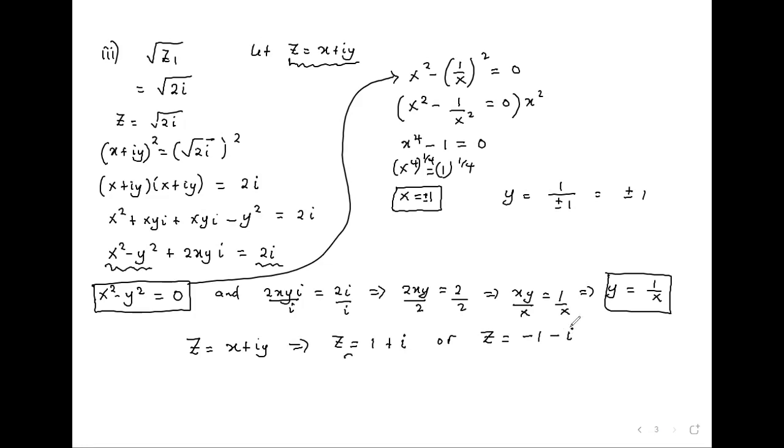So these will be the two values of z that are expected, because we're getting the square root. That's what was expected from you on this question.